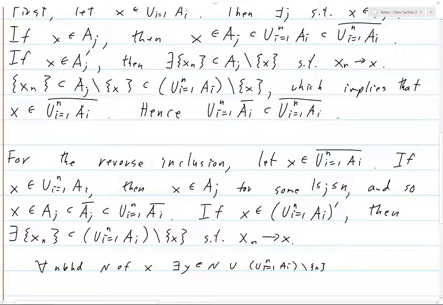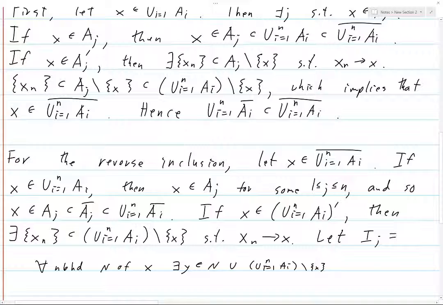So anyways, we have a sequence in this union, of elements not equal to x, which converges to x. Okay, so this sequence belongs to this union of the A_i's, and now we're going to use a trick that I introduced in one of my other videos.